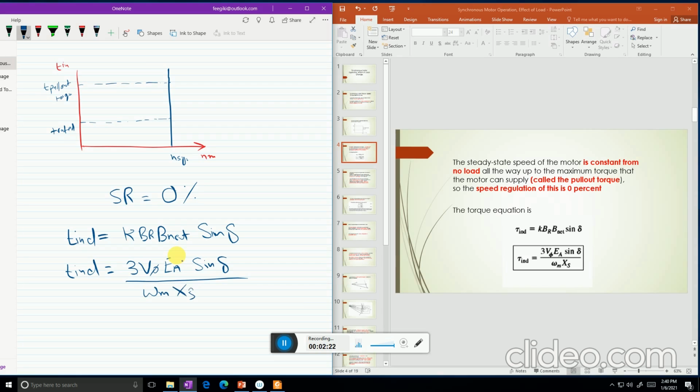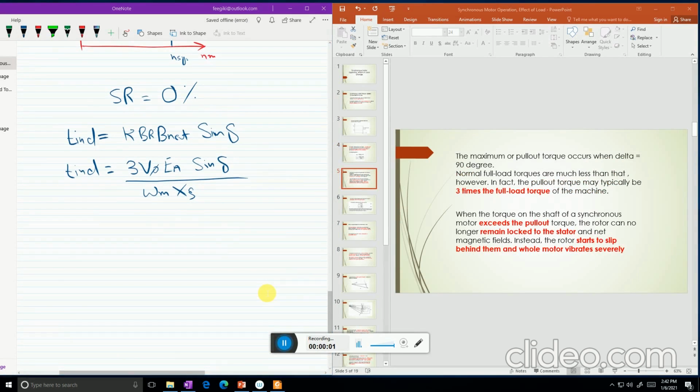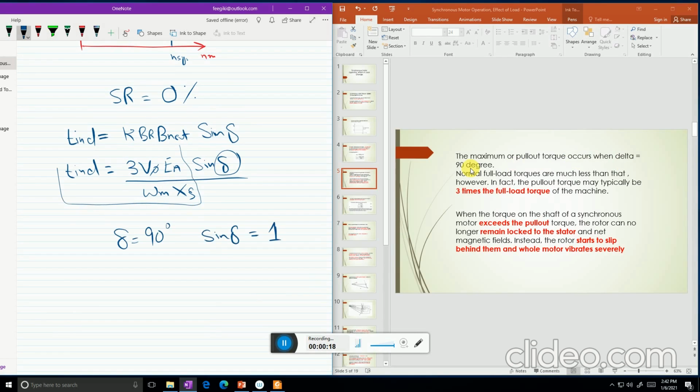This formula we already derived in the previous chapter for the synchronous generator, so the same holds for the synchronous motor. The maximum or pull out torque occurs when delta is equal to 90 degrees. When delta becomes 90 degrees and sine of delta becomes 1, then the maximum torque or pull out torque will occur. However, the pull out torque is typically 3 times the full load torque of the machine.